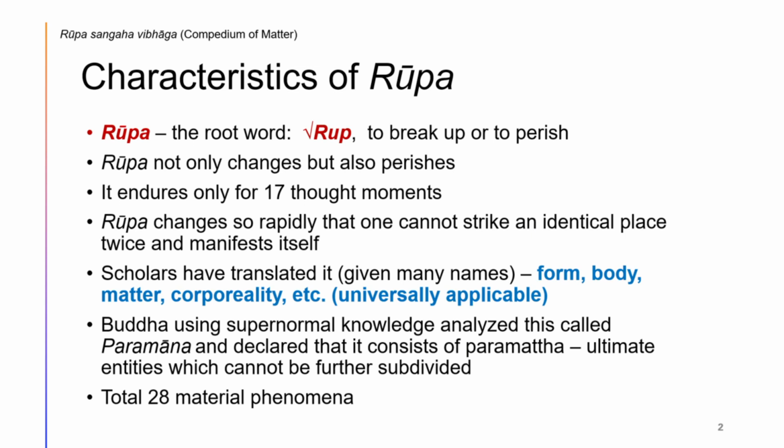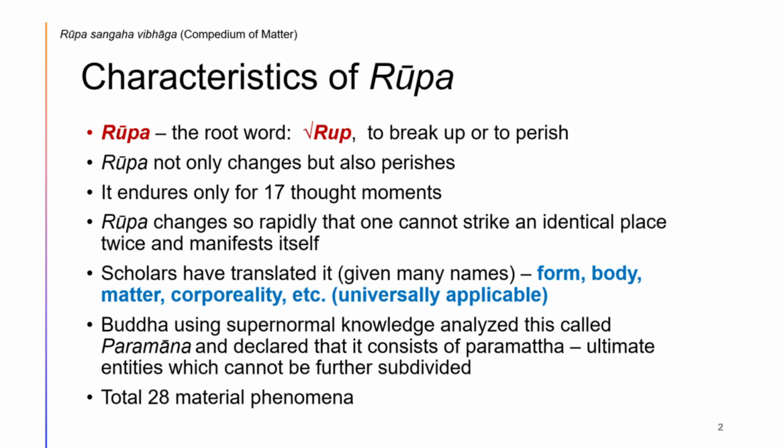Just imagine 2,600 years ago, there was no science, no measuring equipment. So we have to appreciate the Buddha. He was able to use his supernormal knowledge to analyze what is called paramāṇu.